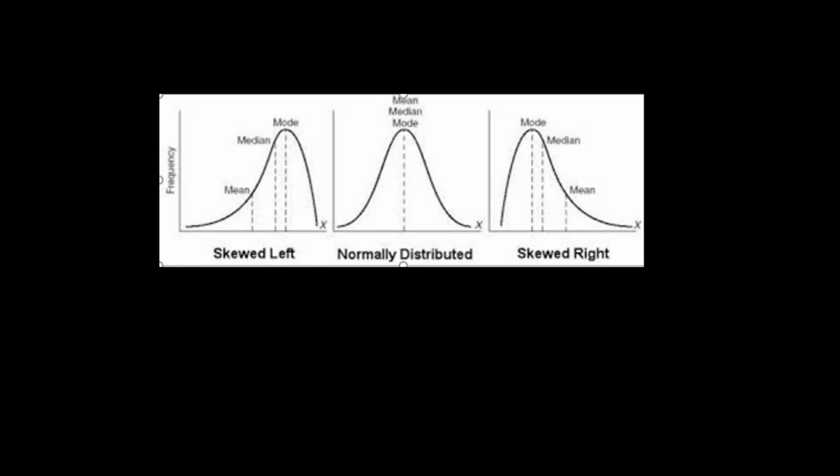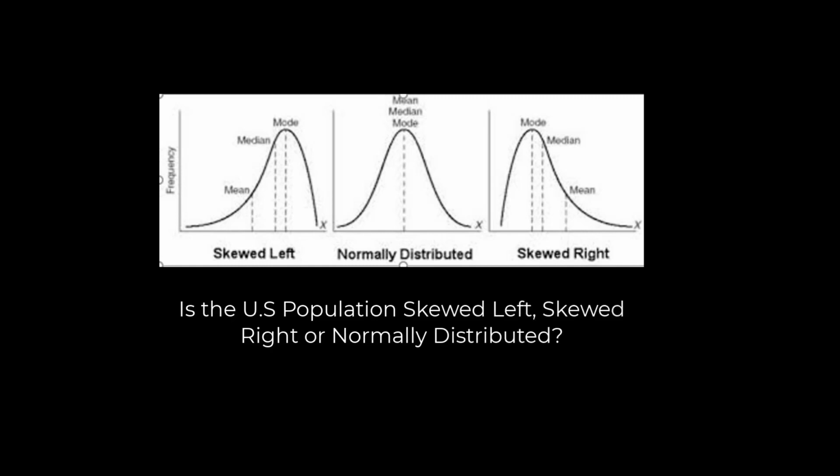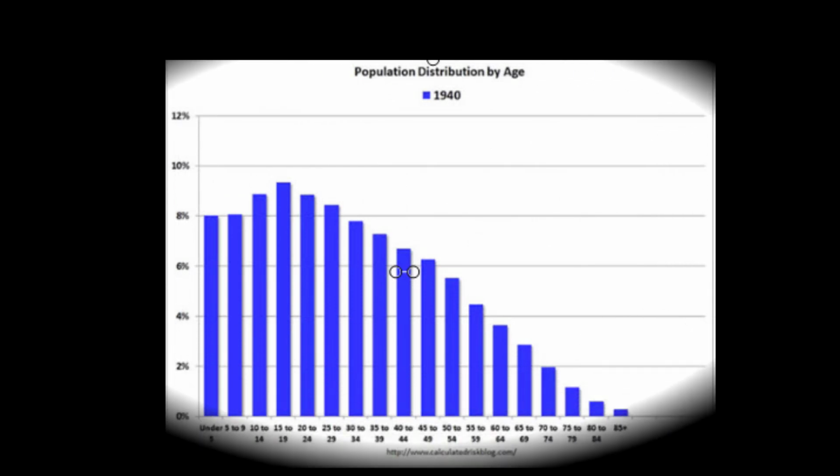Think about it for a minute. Which one of those models does the population of the United States most resemble? Is it skewed left, skewed right, or normally distributed? If you had guessed that it's skewed right, you would be correct.